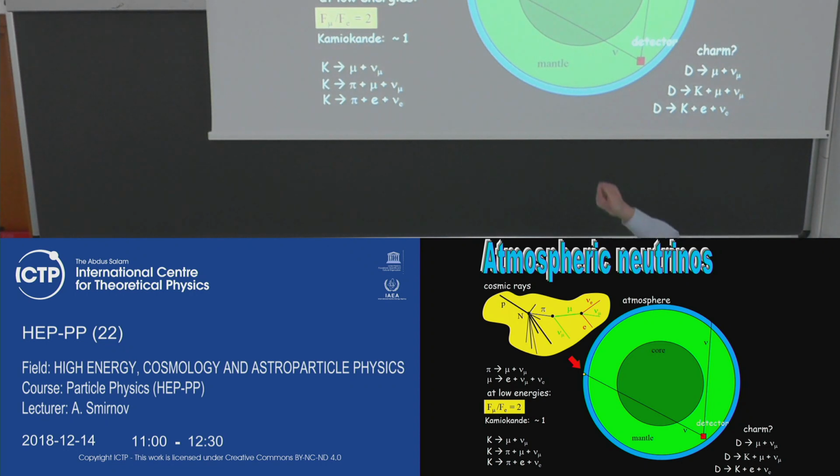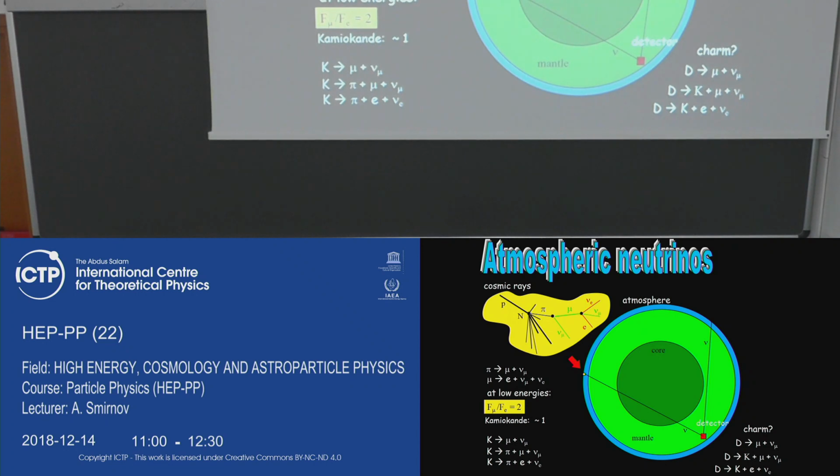So in each of these events, you have production of two muon neutrinos and one electron neutrino, and you expect the ratio of muon to electron fluxes in the detector to be of the order of 2. So Super-Kamiokande detects these events.